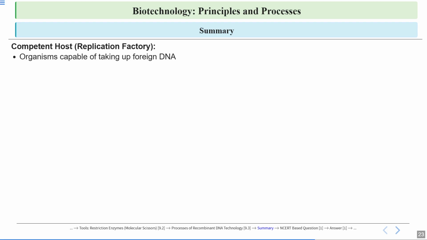it has been disarmed. Then we talked about the processes, how we can make recombinant DNA technology take place, what the different steps are. After talking about those steps, such as isolation and fragmentation, we talked about how the isolation of DNA takes place.